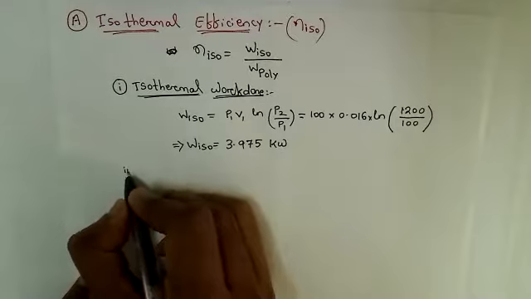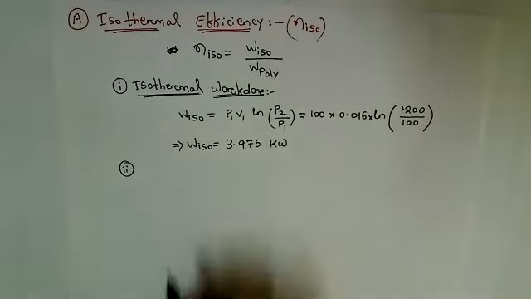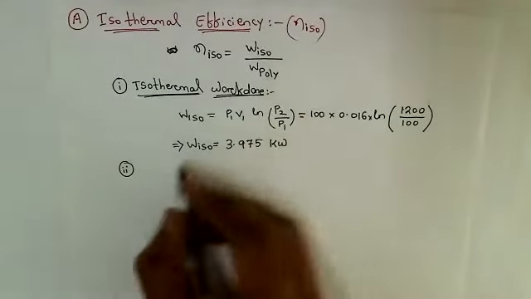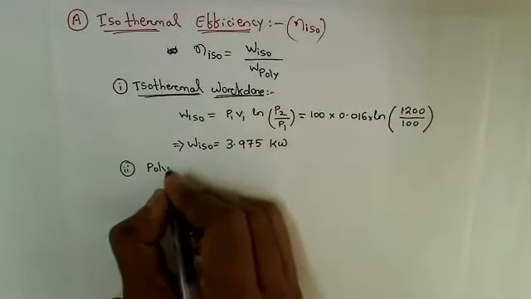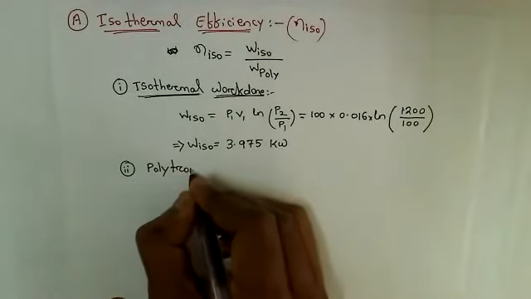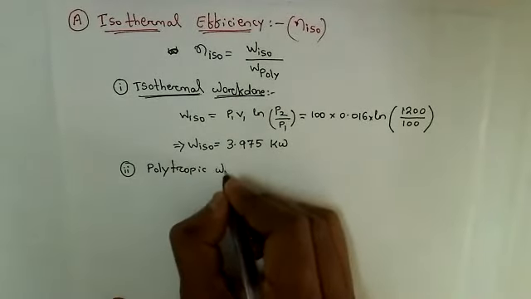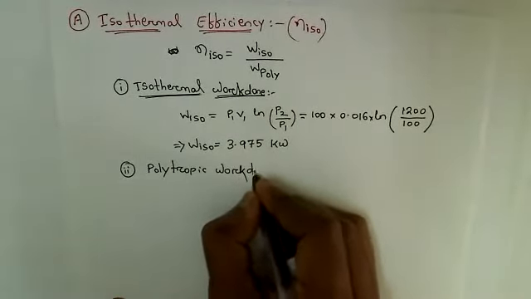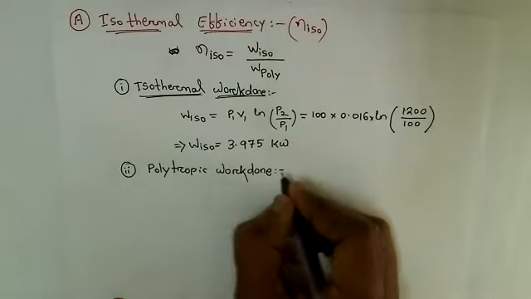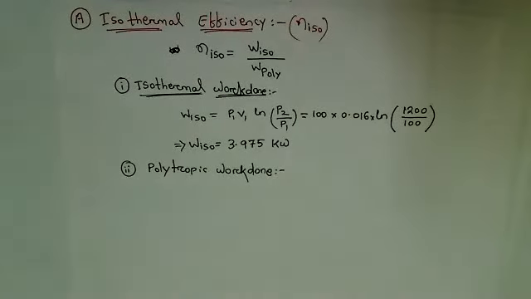Next, second thing, we have to calculate the polytropic work done. Somebody is getting 4.14.